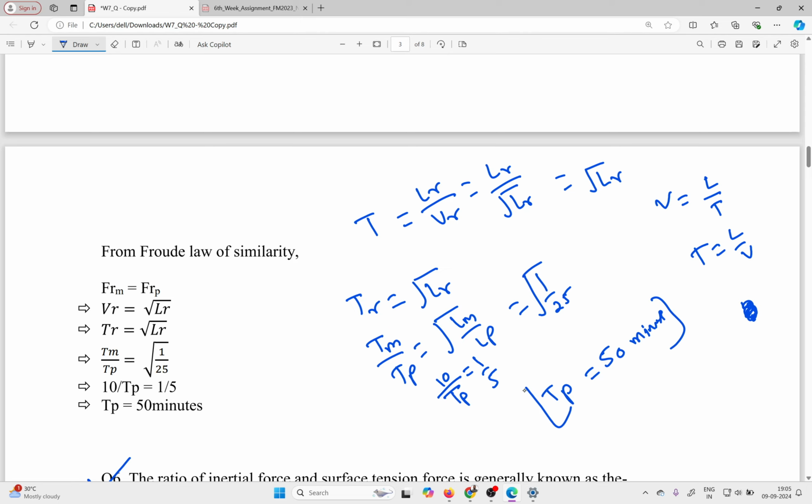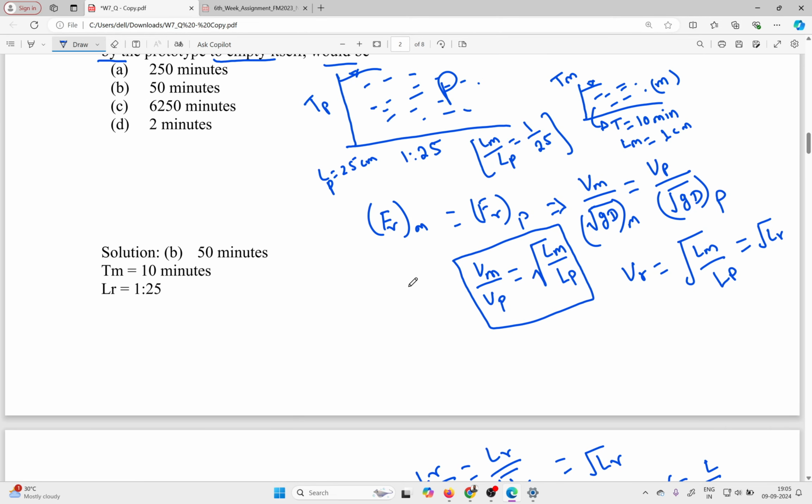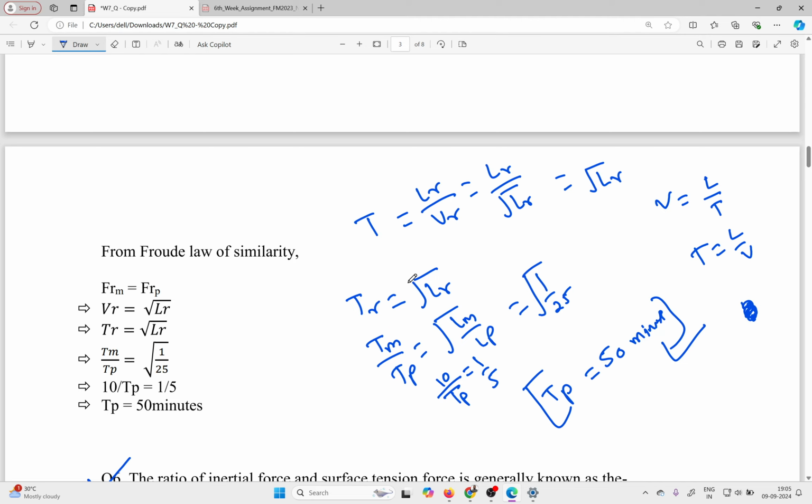So your prototype will be completed within 50 minutes. I hope you got what mistake I was making previously. Now it is corrected. So how will you proceed with such questions? Your T is equal to Lr by Vr. Previously I was doing the same thing in a different way, but you should follow the ratio of Lr by Vr for calculating T.